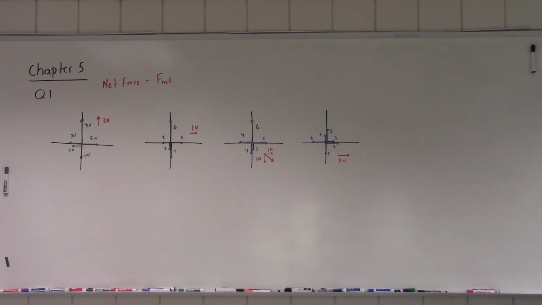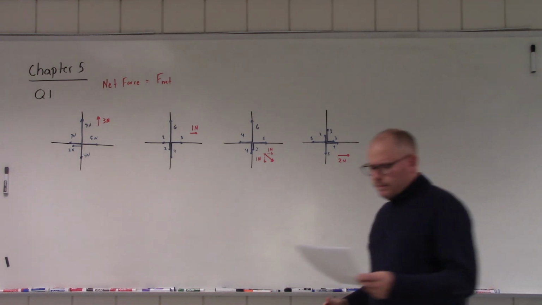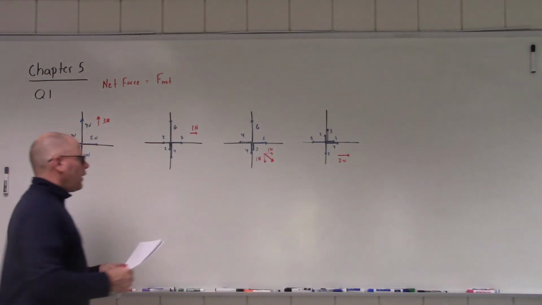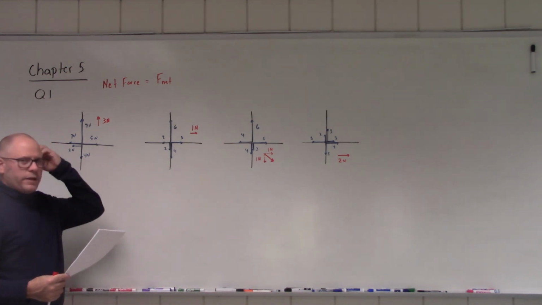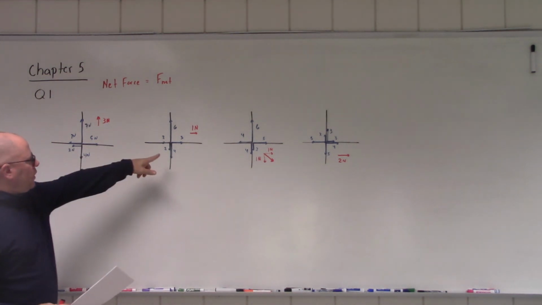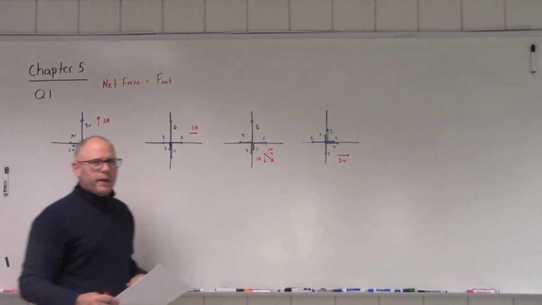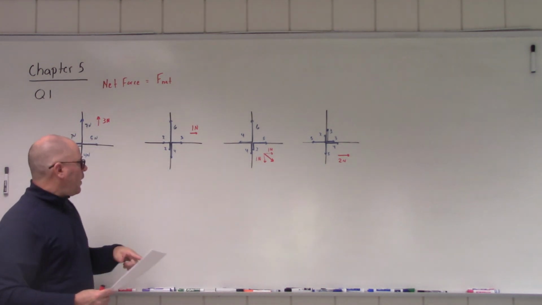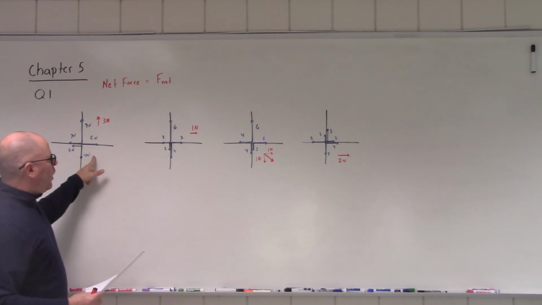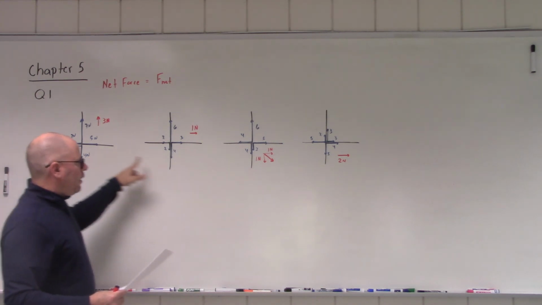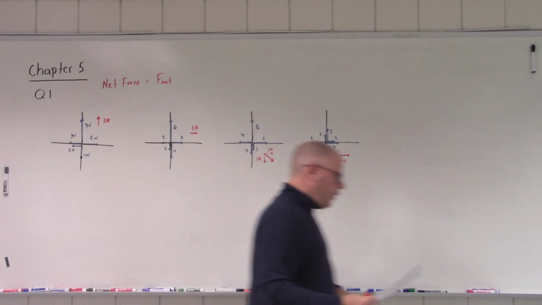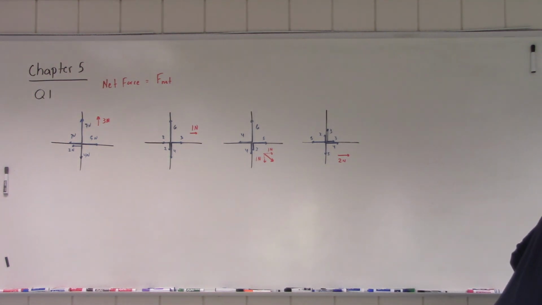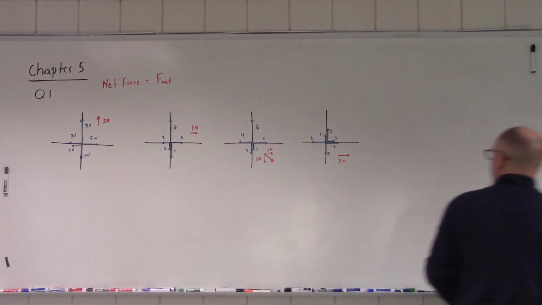So the question asks, which have acceleration component in the x direction? So that'd be 2, 3, and 4 definitely have components in the x direction. Which have components in the y direction? 1 and 3. Did I do 4 wrong? Let me look at 4 again. 2, 3, 5, 5.